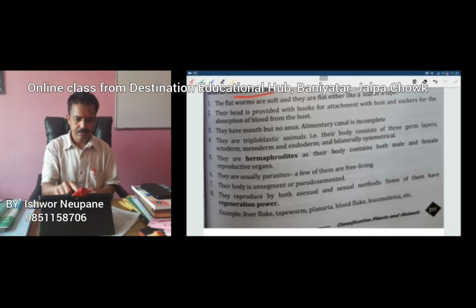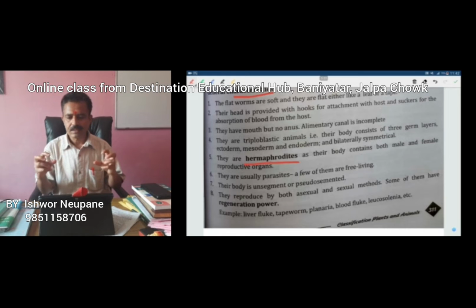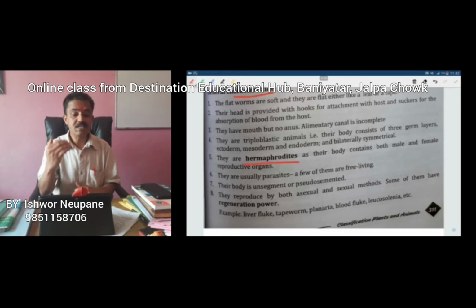Now students, let's discuss about the characteristics of Platyhelminthes. I have said you, we are not going to write the general characteristics, specific characteristics, main characteristics. In this book, there are given 8, but we are going to write maximum 4.